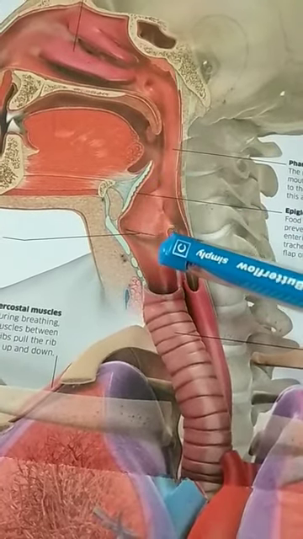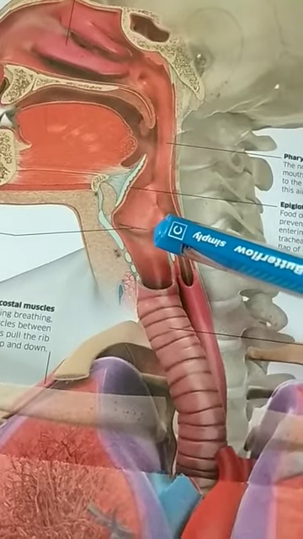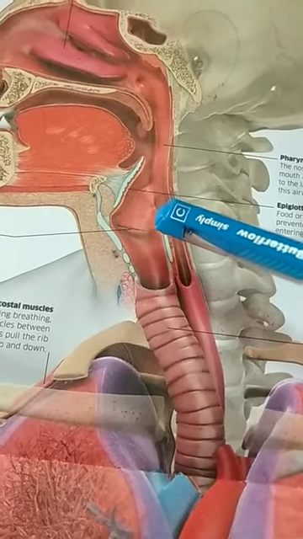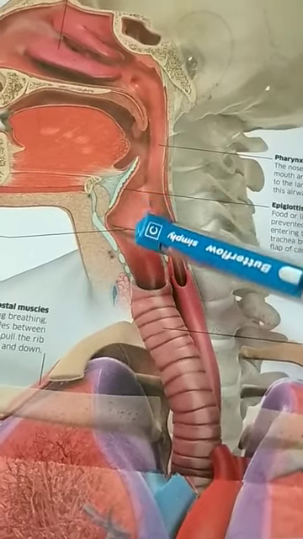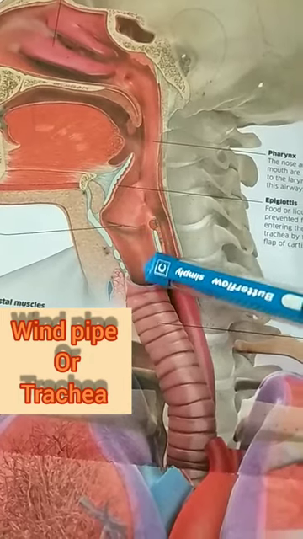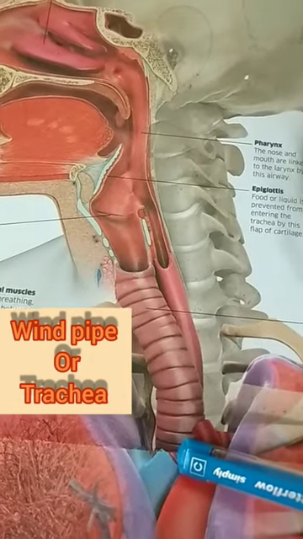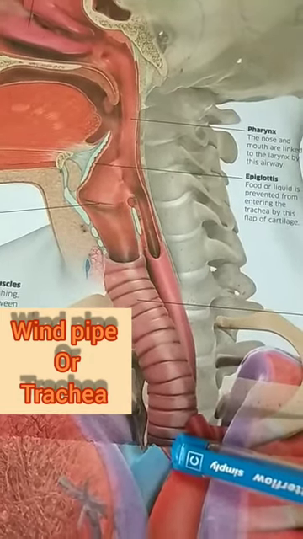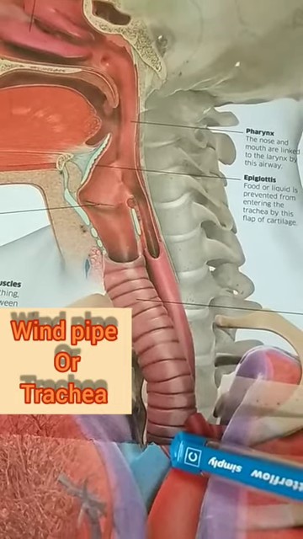So the larynx plays the role of creating sound in the body. From here, the air enters the windpipe. The other name of the windpipe is trachea.